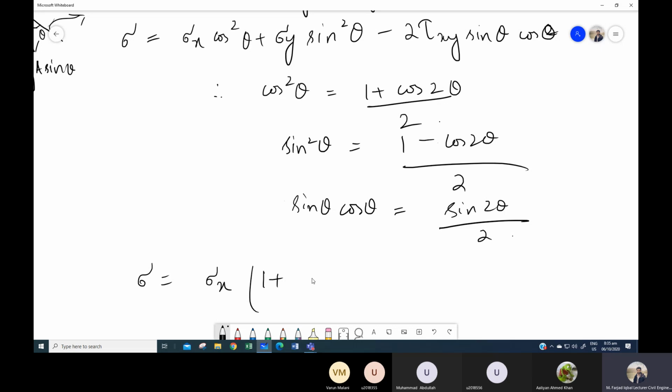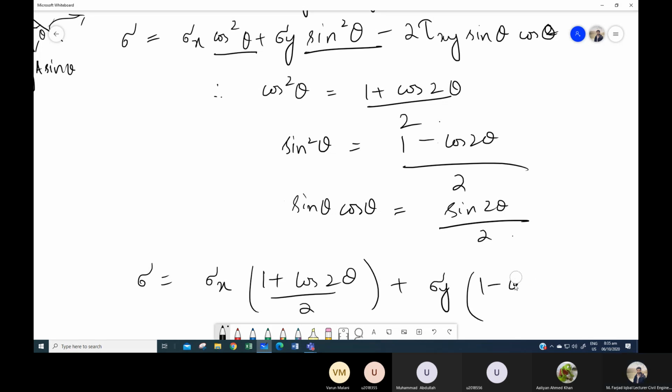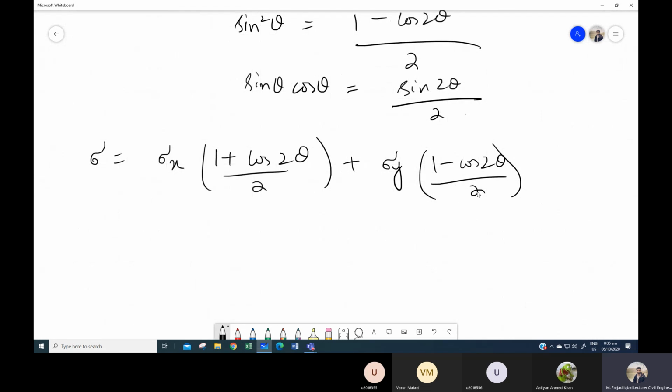x times (1 plus cos 2 theta by 2), since cos square theta would be 1 plus cos 2 theta by 2. Similarly, plus sigma y, this sine square theta would be equal to 1 minus cos 2 theta by 2, and this sine theta cos theta would be sine 2 theta by 2.